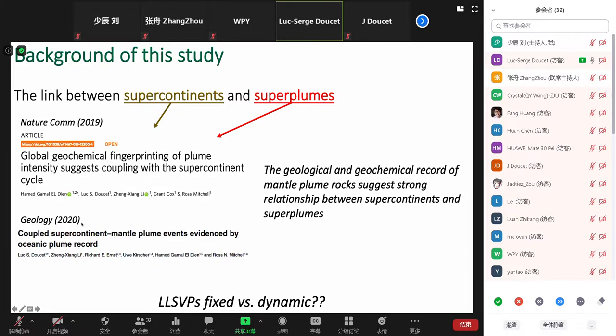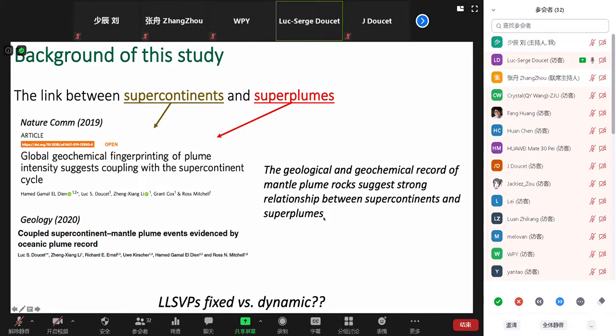Another paper I published myself in Geology, where this time I was looking at the geological record of the oceanic mantle plumes, so the oceanic plume record in the ophiolites. What we show is that we have more oceanic plumes during supercontinent breakup, which is also in agreement with the model where the supercontinent triggers the LLSVP below the supercontinent and on the opposite side.